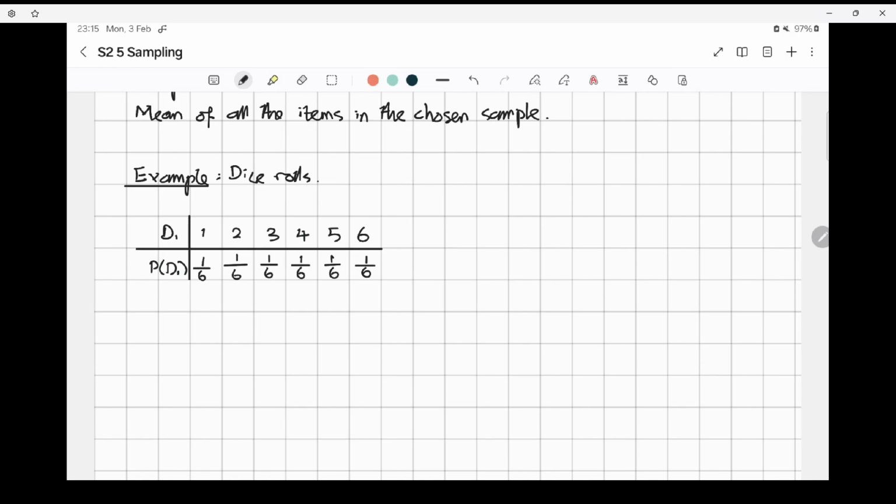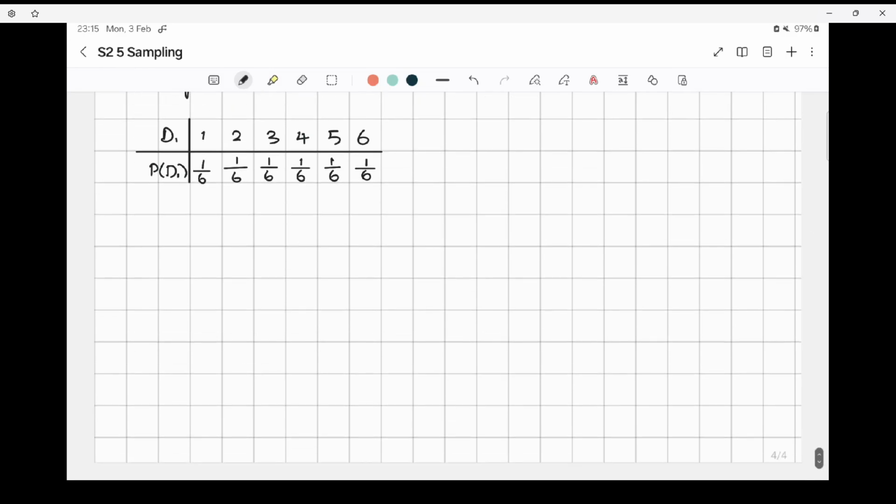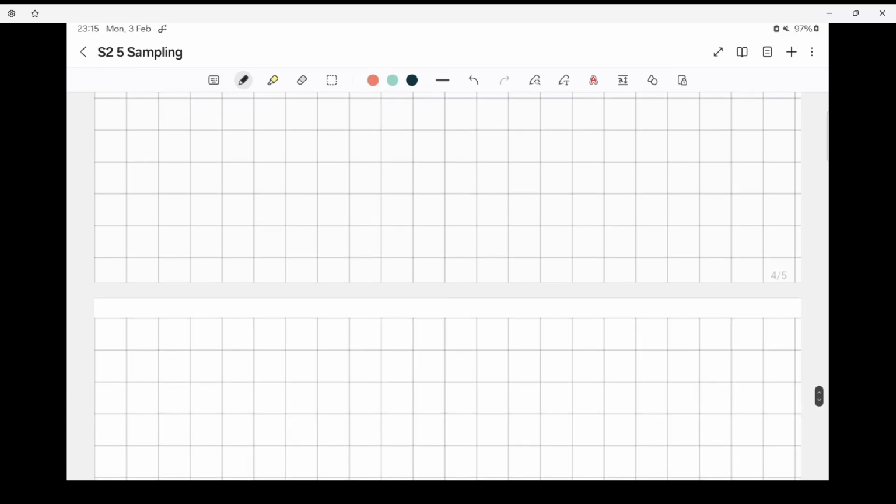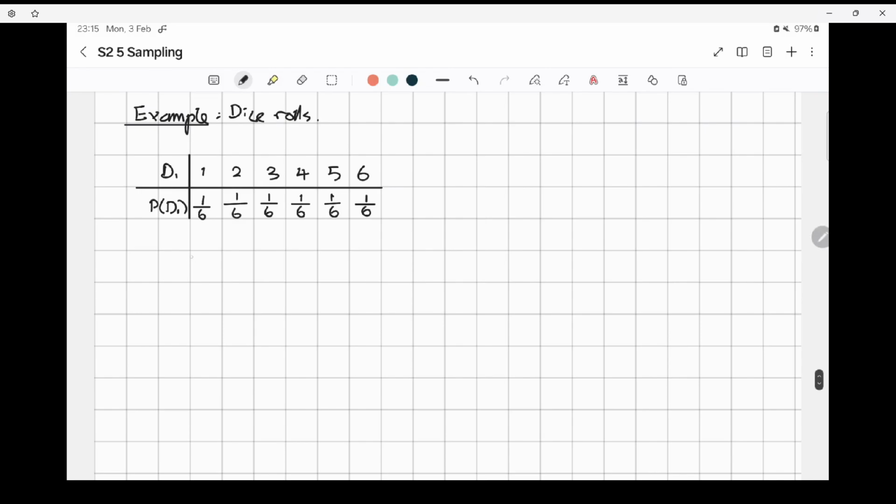Now let's say you want to take the mean of 2 dice rolls. What does it mean? I will try to construct a larger table. Let's say I have 2 dice. I sum up the results and divide by 2 because I have 2 dice rolls.